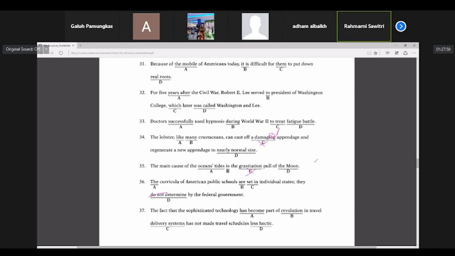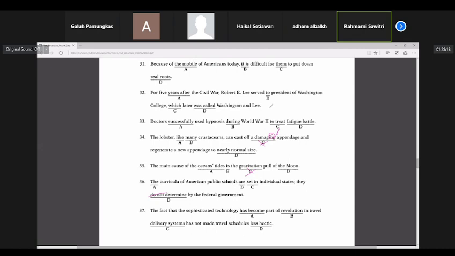The fact that the sophisticated technology has become part of a revolution in travel delivery systems has not made travel less hectic. So it should be with an article, a revolution.